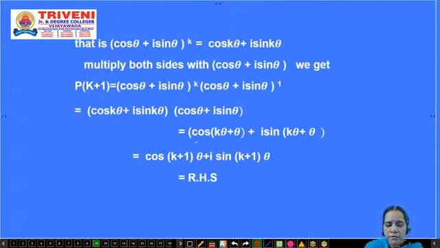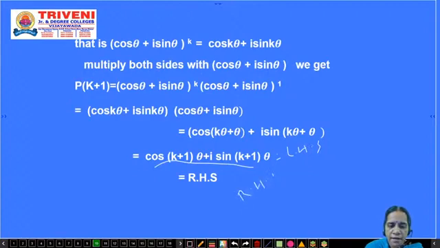Now we substitute the values: cos of (k theta plus theta) plus i sin of (k theta plus theta). Taking theta common, we get cos of (k plus 1) theta plus i sin of (k plus 1) theta. Suppose this is LHS. What is RHS?